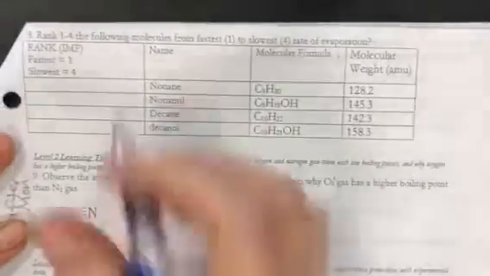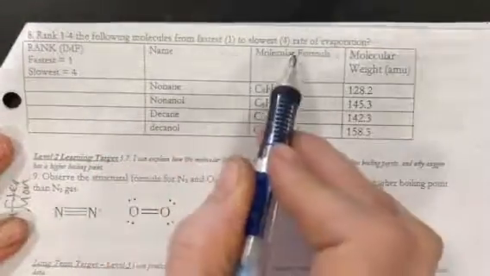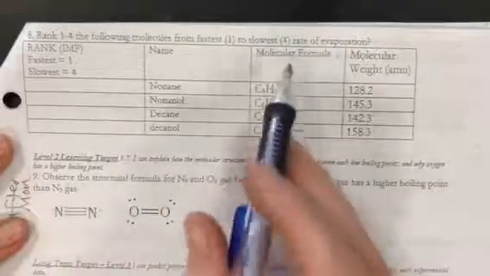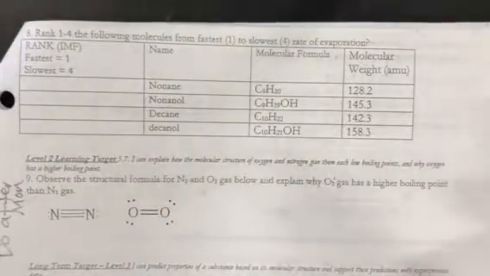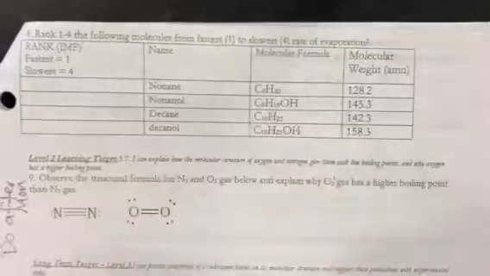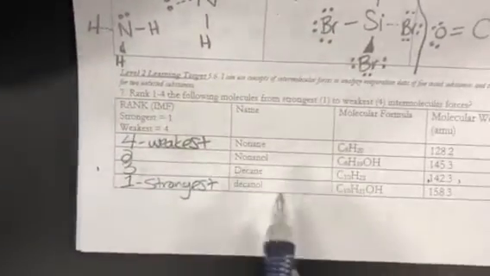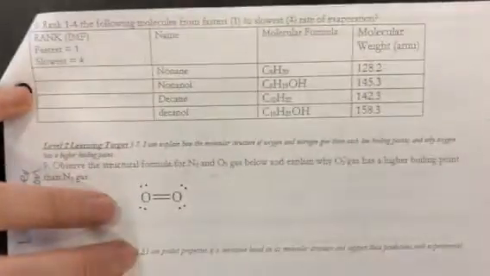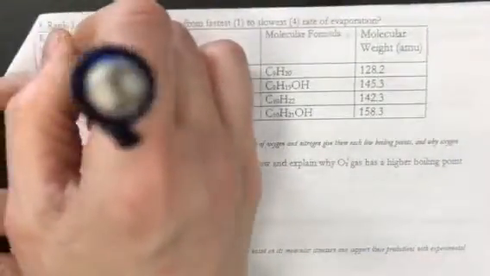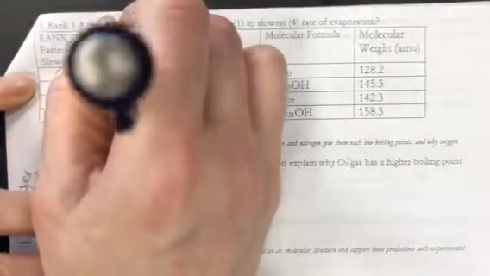So here we have the following molecules. We have the fastest and we have the slowest. The fastest one is going to be the weakest, so the weakest is going to be the fastest, based on number 7 from video number 2. So that would be number 1, our fastest.